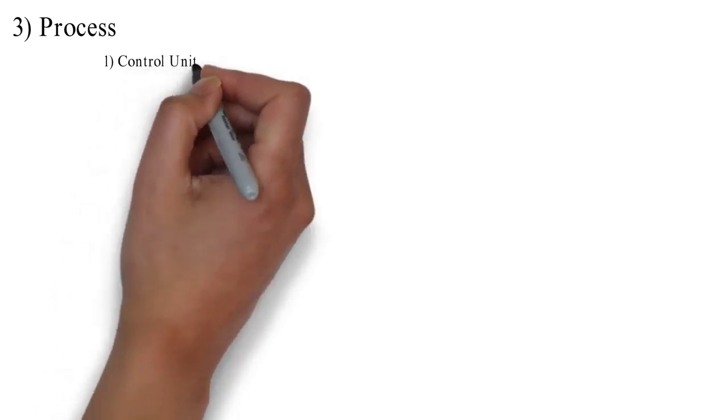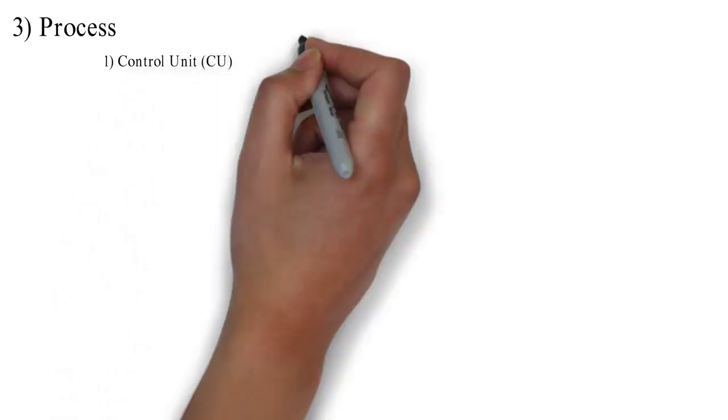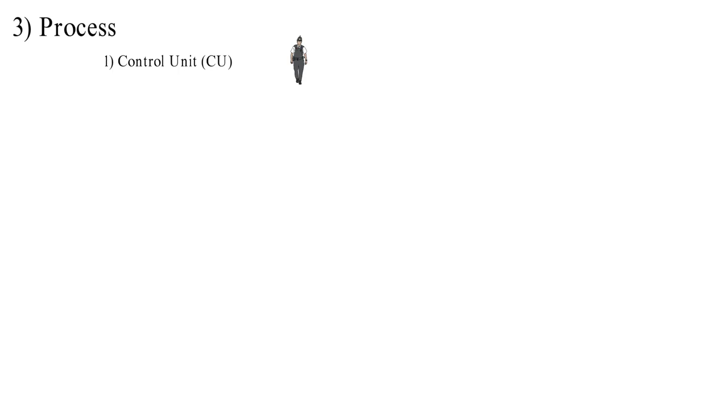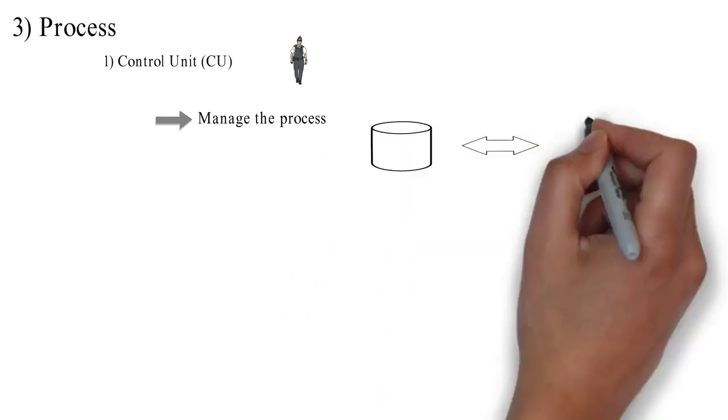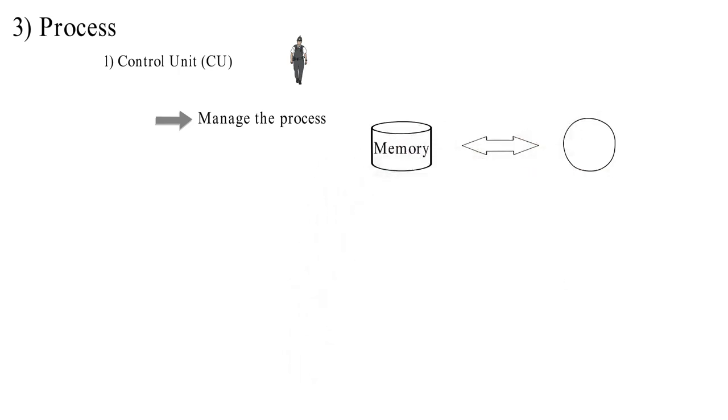1. Control unit. The control units works like traffic cop. It control and manage the process and input-output. The control unit fetch and store data, to and from memory. 2. Arithmetic logic unit.